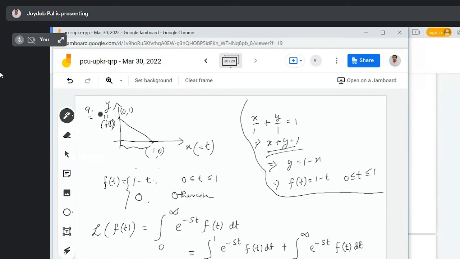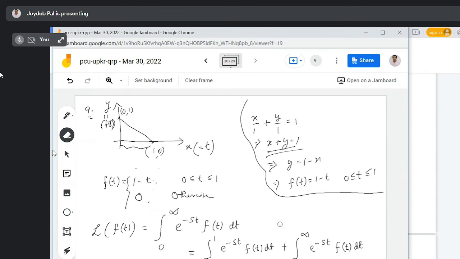Now in the interval 0 to 1, our f(t) is 1 minus t, so you put it here, f(t) is equal to 1 minus t. And the second part will be 0, no? In the interval 1 to infinity, the function is 0, so the second part is 0.